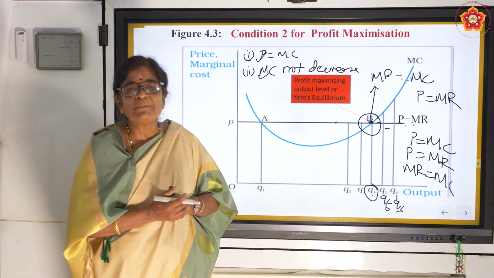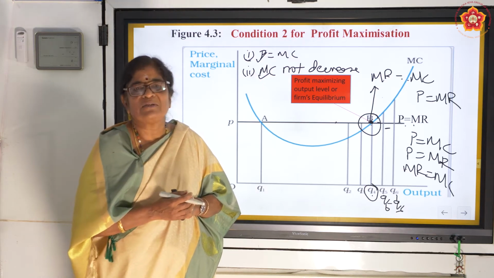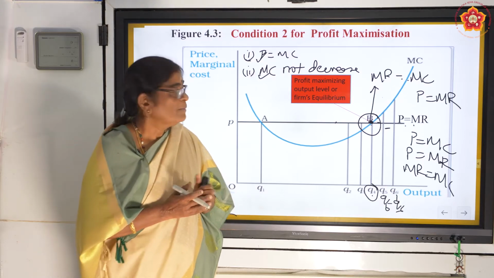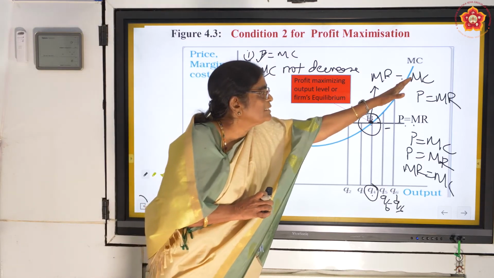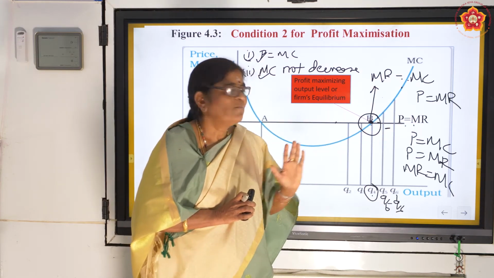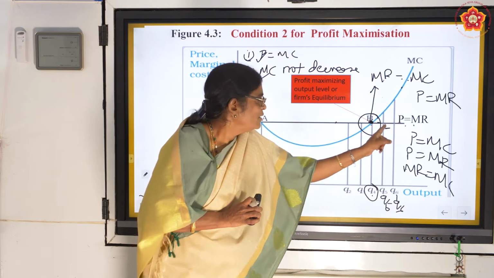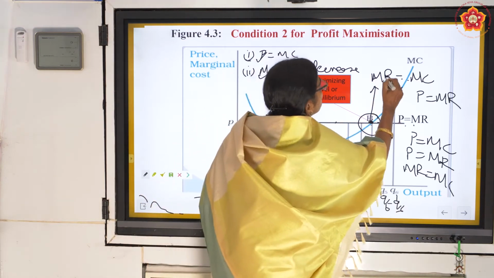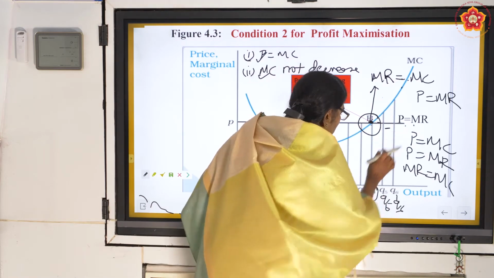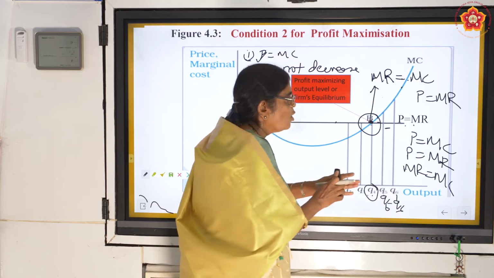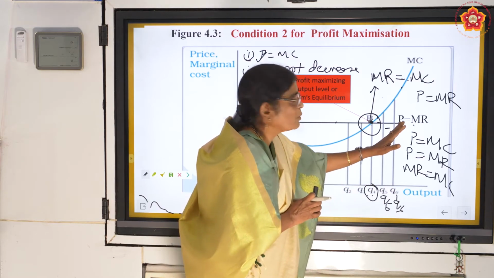The objective of the firm is to maximize profit by producing the maximum level of output. But here, when MC is greater than MR, cost exceeds the revenue, then the firm will stop where MR is equal to MC. Why will the firm stop where MR is equal to MC? If it goes beyond the level of Q4 and reaches Q5 and Q6, obviously it is going to lose profit.